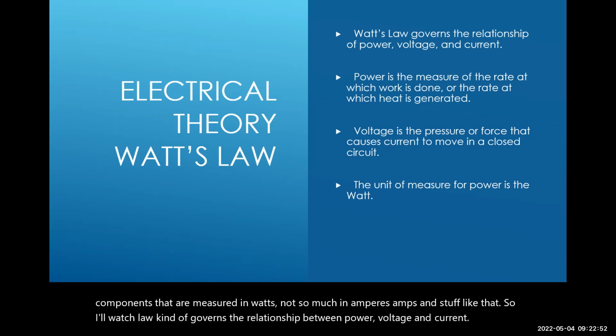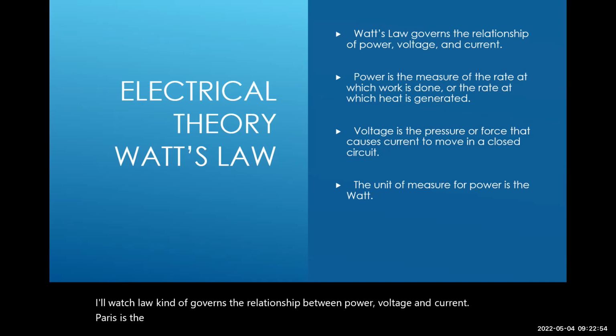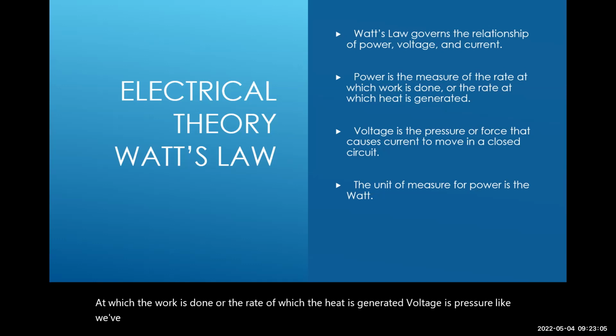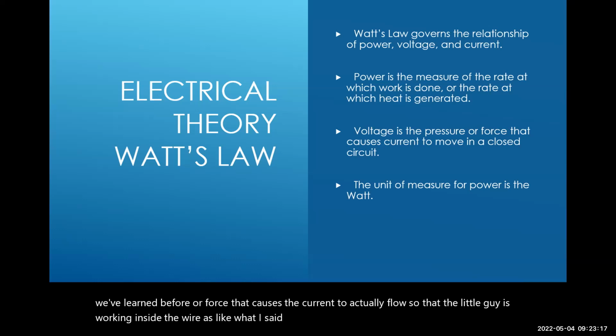Power is the measurement of the rate at which work is done or the rate at which heat is generated. Voltage is pressure, like we've learned before, or force that causes the current to actually flow, like the little guys working inside the wire, like I said before. A unit of measure for power is the watt. So that's what we're talking about.